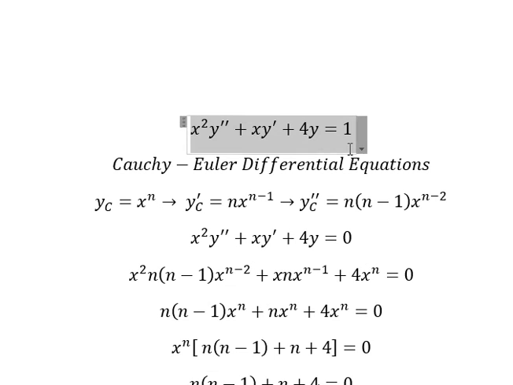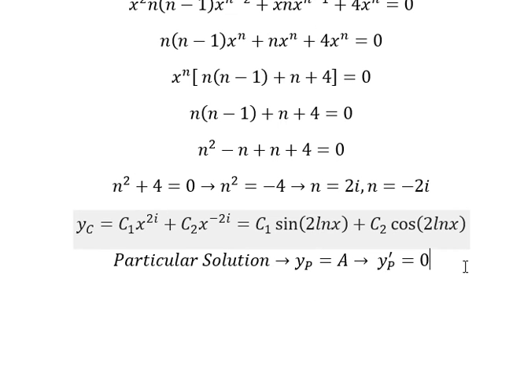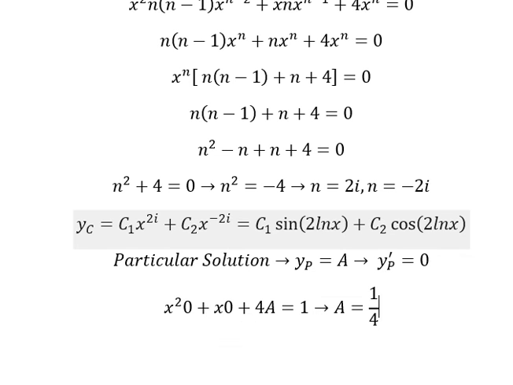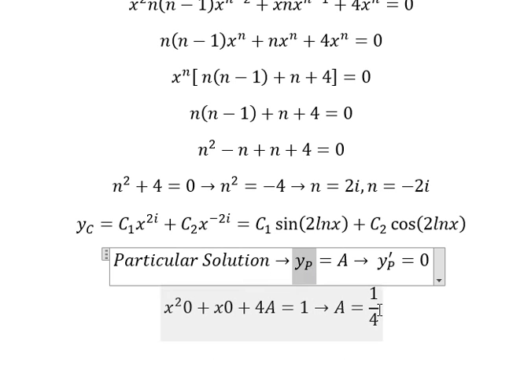So in this situation, I will put a in here. This one we have 0, and this one we have 0. So a in this situation is 1 over 4. So yb equals 1 over 4.